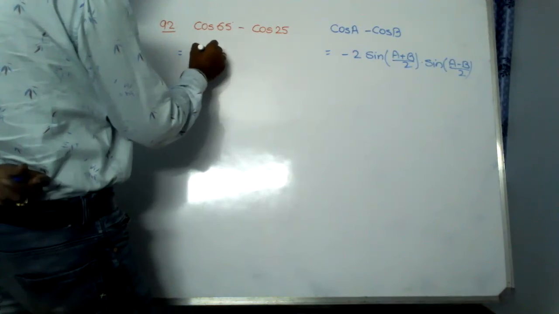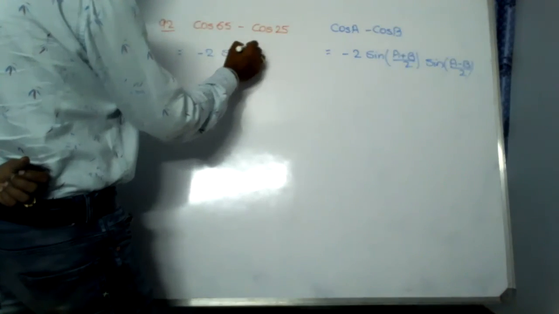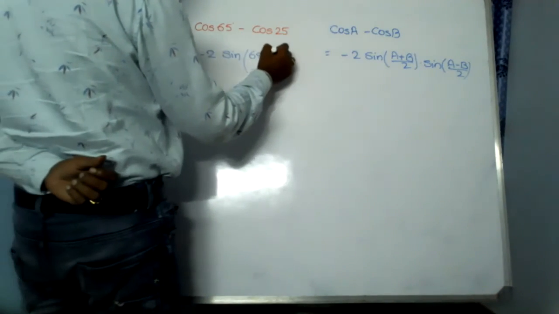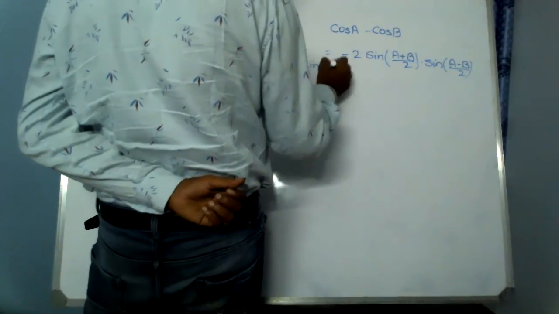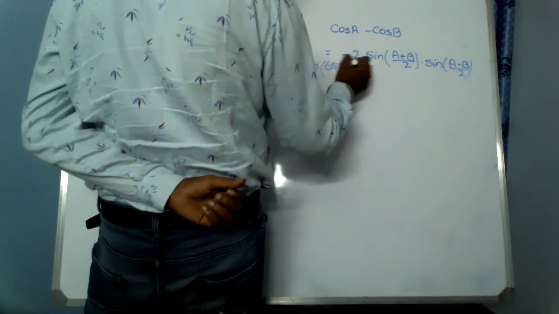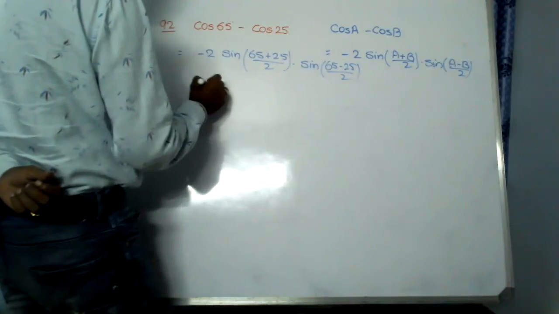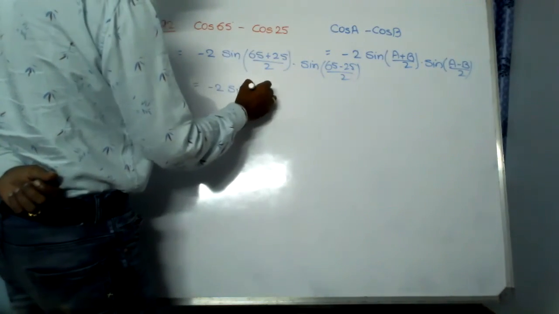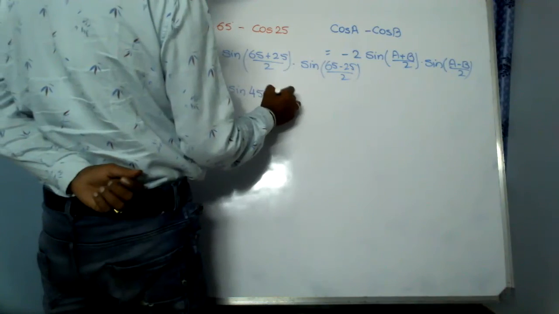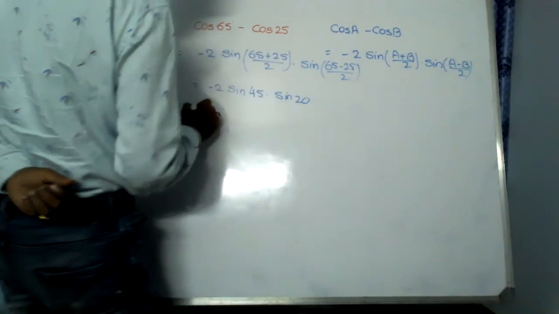If I apply that formula, I'll get minus 2 sine of A plus B by 2, that is 65 plus 25 divided by 2, into sine of A minus B by 2, that is 65 minus 25 divided by 2. That will give me minus 2 sine 90 by 2, that is 45, and 40 by 2, that is sine 20.